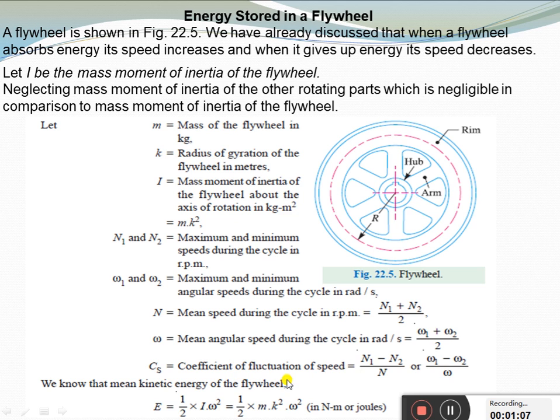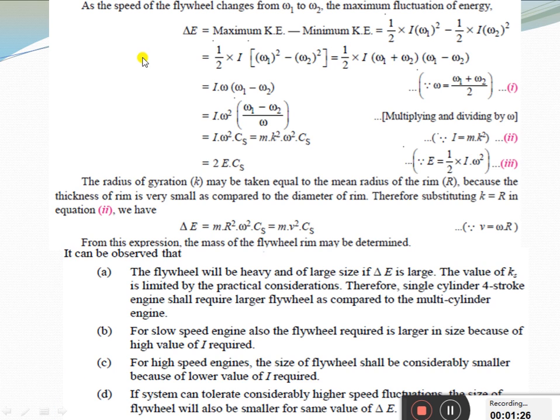divided by omega. So here the mean kinetic energy of the flywheel, that is E, is equal to half m k square omega square in Newton meter or joules. So that is the kinetic energy of the flywheel. And del E is equal to maximum kinetic energy minus minimum kinetic energy.